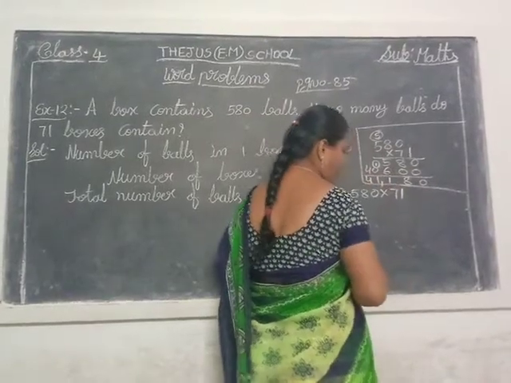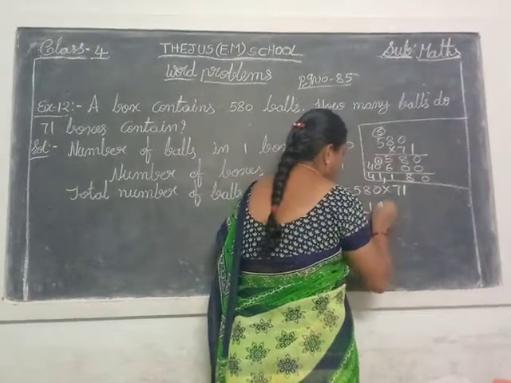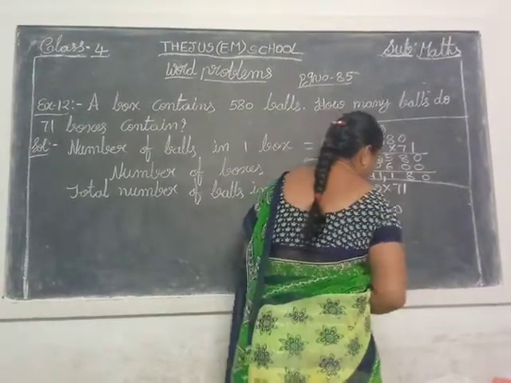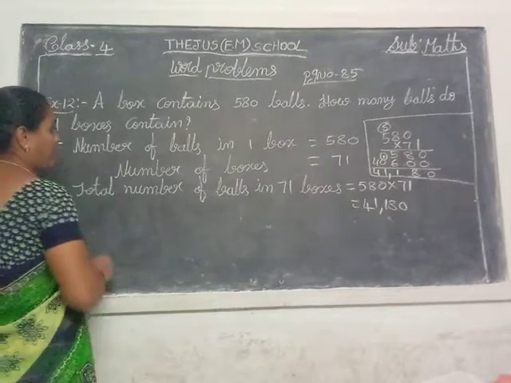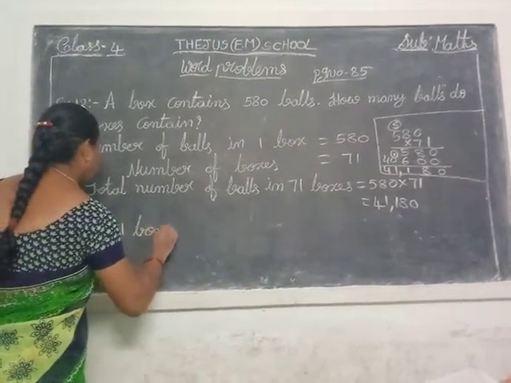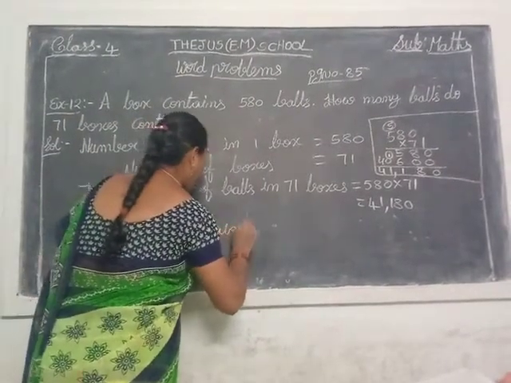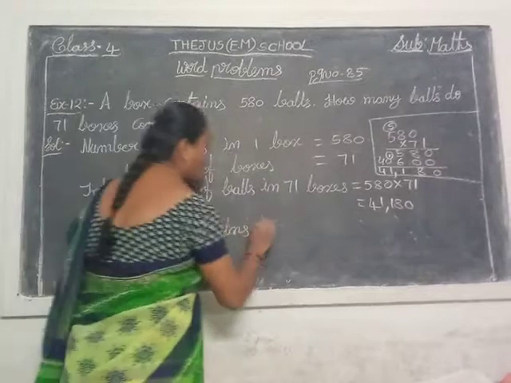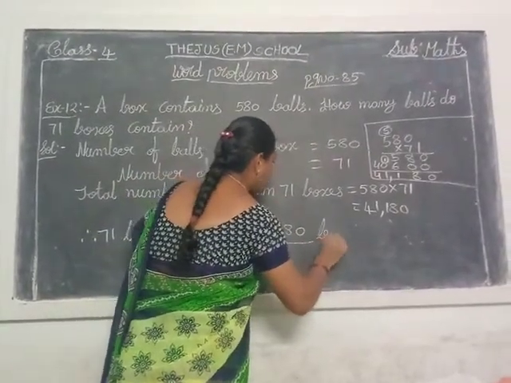So 41,180. So write the answer here, 41,180. So here you ask, 71 boxes contain how many balls? So you write that 71 boxes contains 41,180 balls.